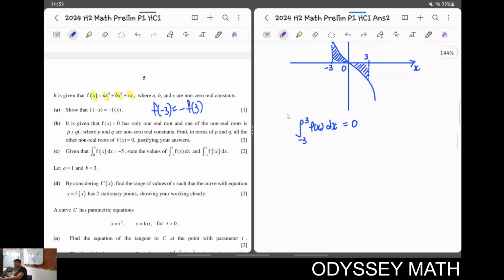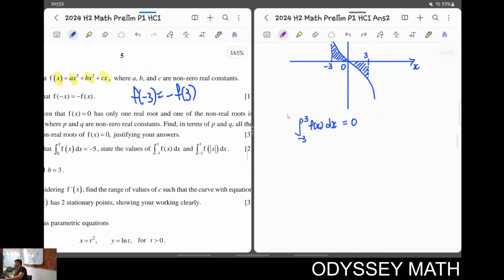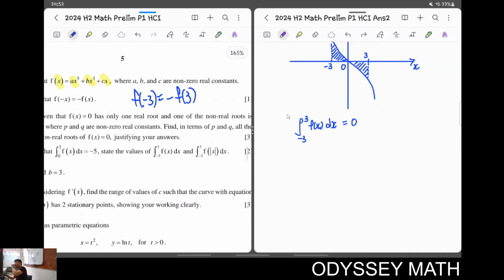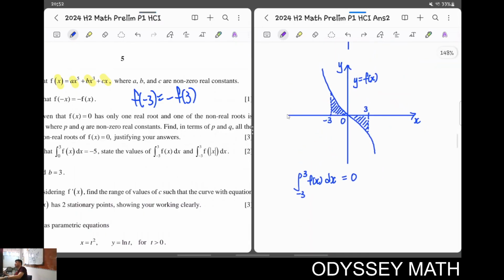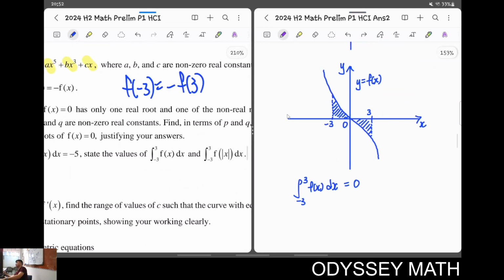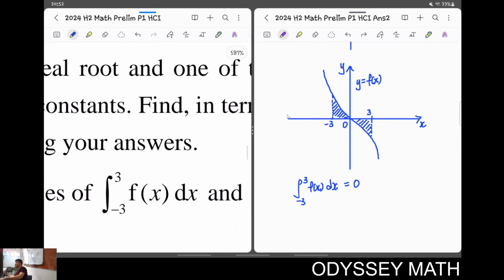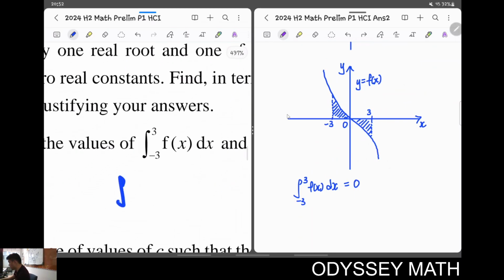Okay? Now, how do you... Sorry? We are not finding area here. Remember in A math, we never do the integration as a whole. We always split into different intervals. So if you want to find the area, it would be like this.